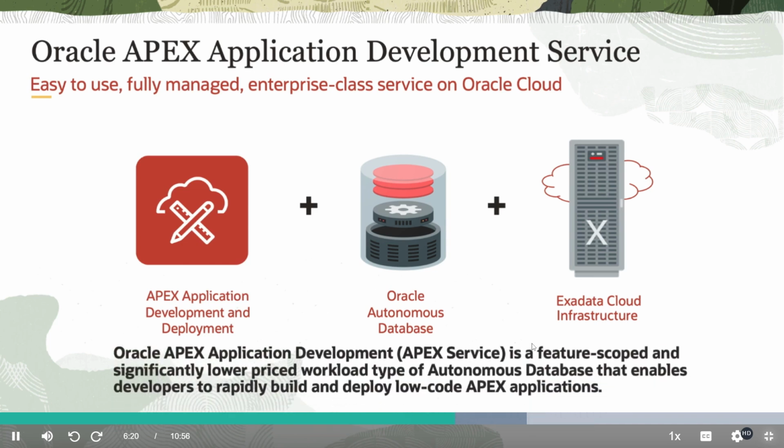The Oracle Apex Application Development Service, or Apex service, is the fastest, lowest cost way to develop and deploy world-class applications. Your Apex service can be ready in just a few minutes, and you will never have to worry about the complexity of mid-tiers, load balancers, encryption, and more.